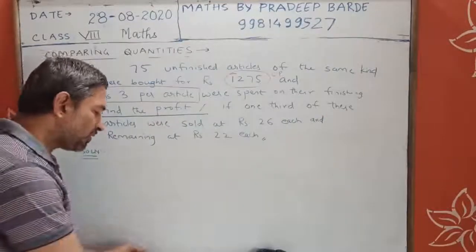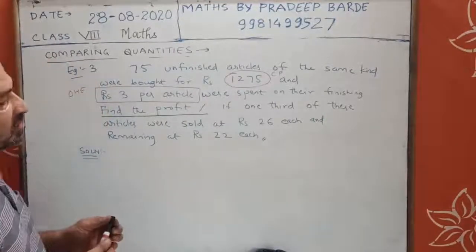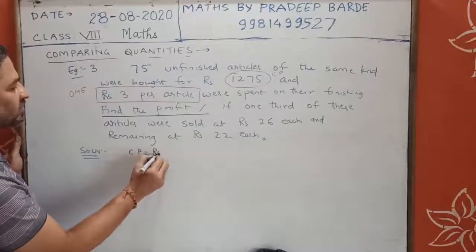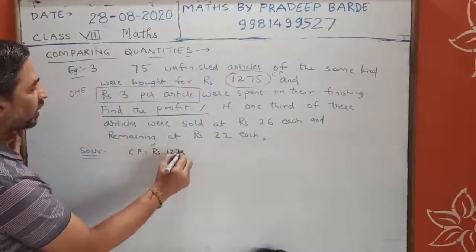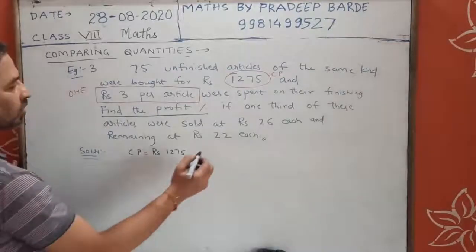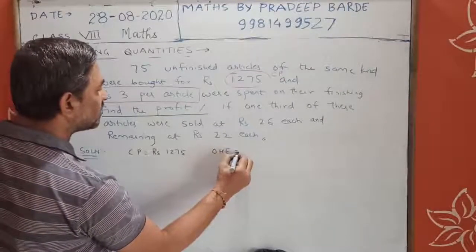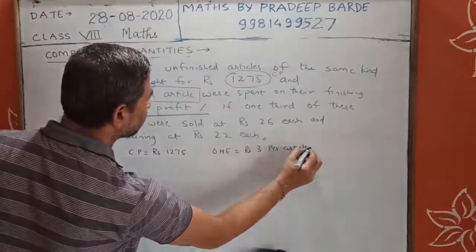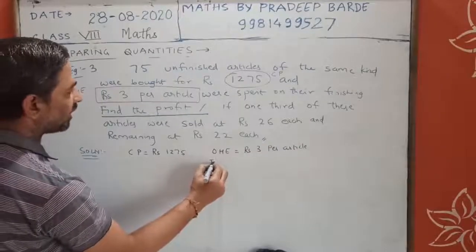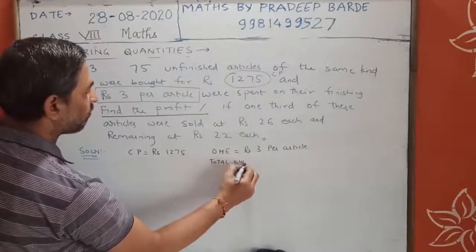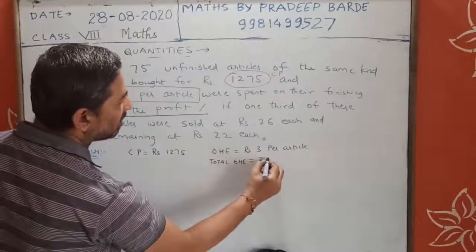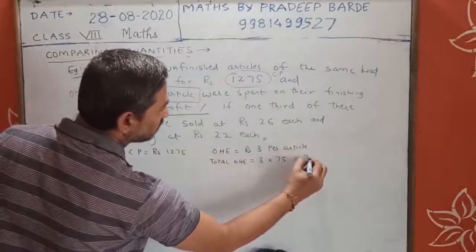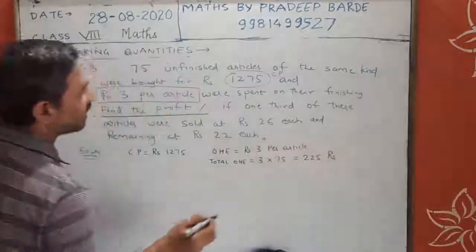Okay, so first of all, we have to find out the net cost price. See, the cost price is already given. Cost price is rupees 1275. Overhead expenses, this is rupees 3 per article. Therefore, total overhead expenses will be 3 multiplied by the number of articles, that is 75, which is equal to 225 rupees is the total overhead expenses.